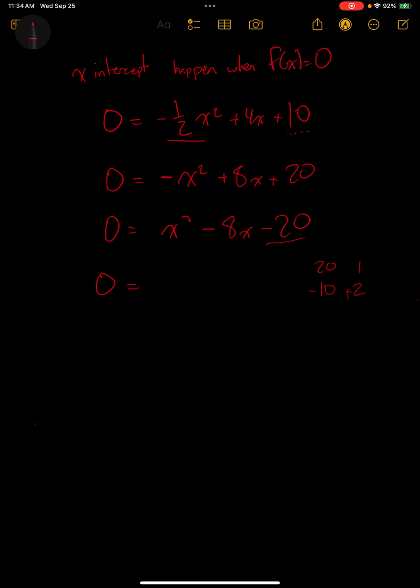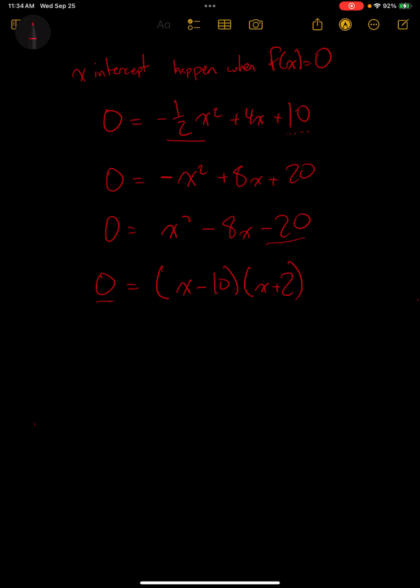So in fact, I can factor this as x minus 10 times x plus 2. And if you're not sure, just expand it. Just FOIL it out, and you'll see that you get the same thing. Okay, but that is how you factor it.